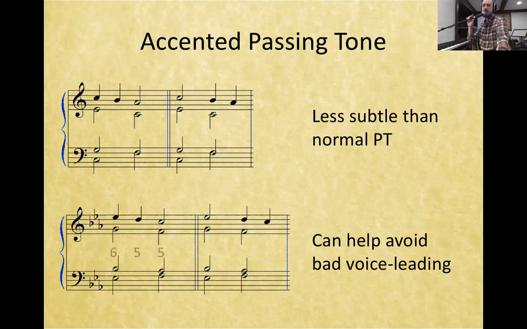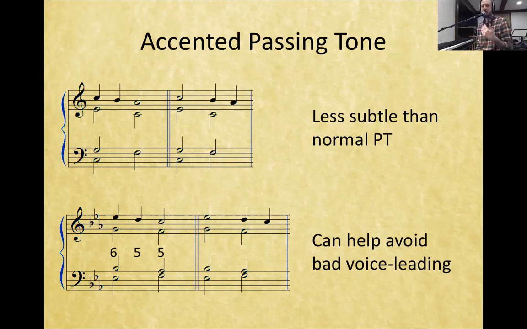What's happened here is we actually end up with parallel fifths because of the passing tone, because G in the alto to D in the soprano is a fifth, and that moves to F up to C, which is, of course, also a fifth. So this passing tone, if it was just the sixth, G to E flat, to the fifth, that'd be fine. Fifth to fifth, not the best.